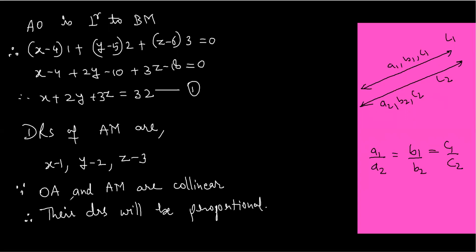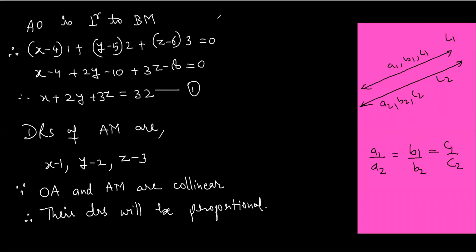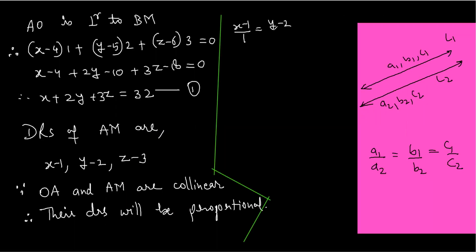Now what does that mean? It means (x minus 1) upon 1 equals (y minus 2) upon 2 equals (z minus 3) upon 3, and that is equal to lambda.